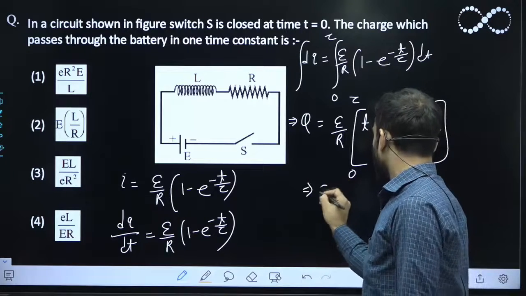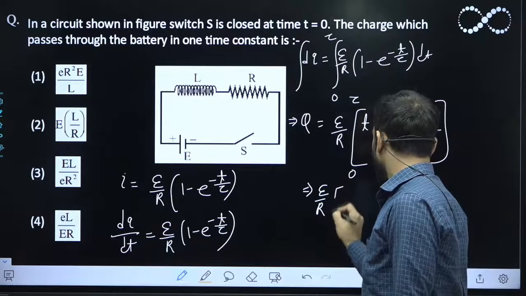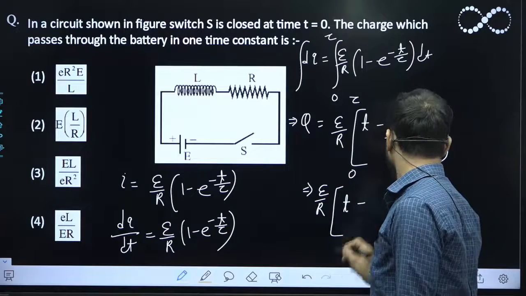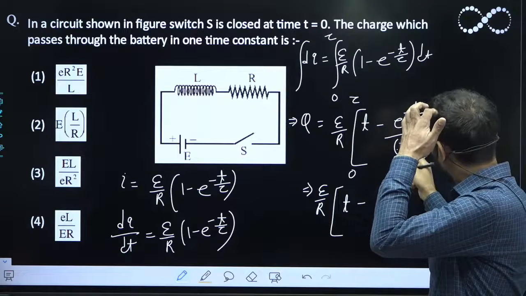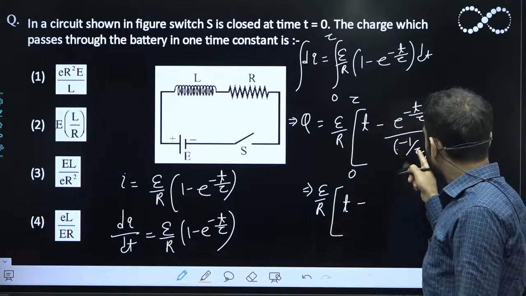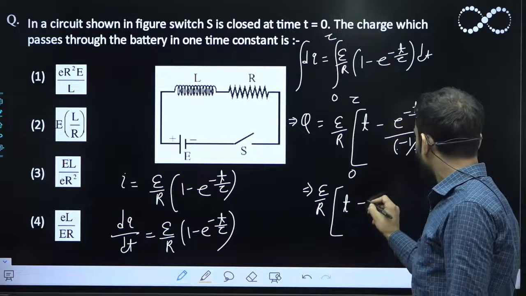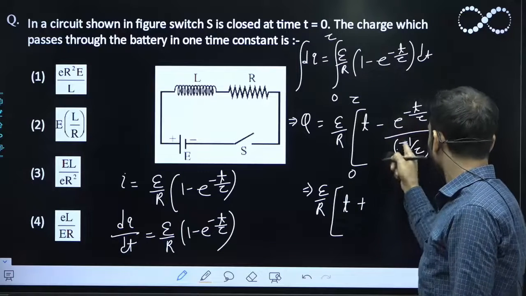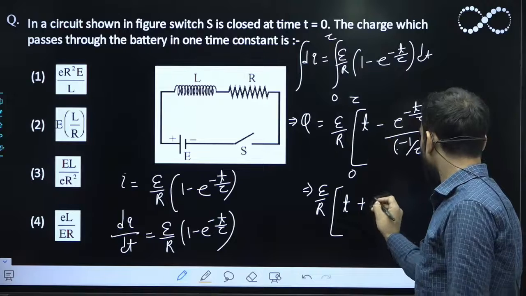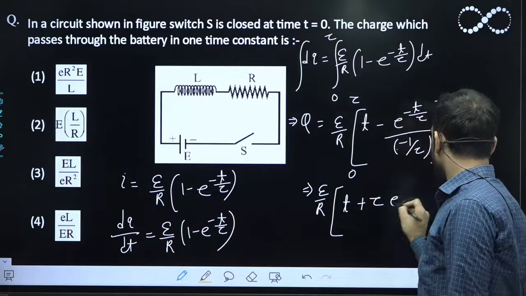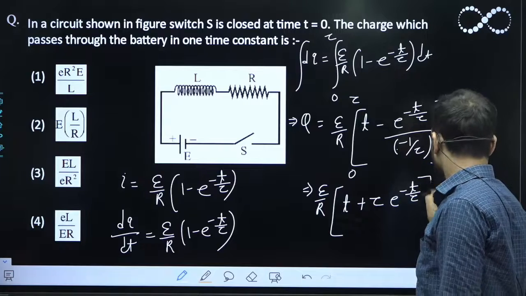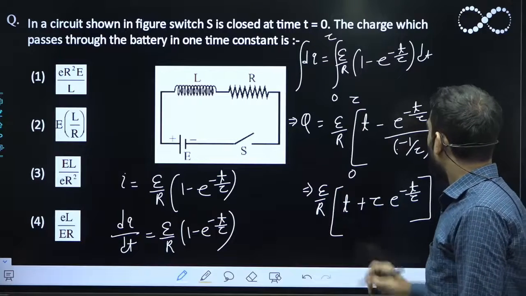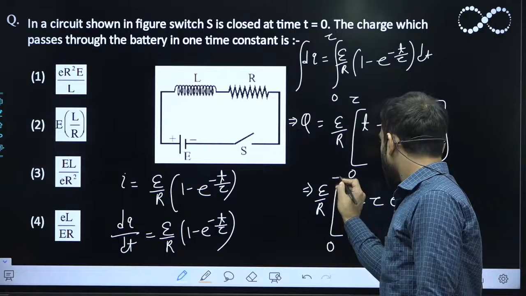So now let us calculate this: E upon R times t minus, the minus minus will get cancelled out, and 1 upon 1 upon tau, so this tau will go up, so this will become plus tau, and e raised to power minus t upon tau. Now the limits I have to put from 0 to the time constant.